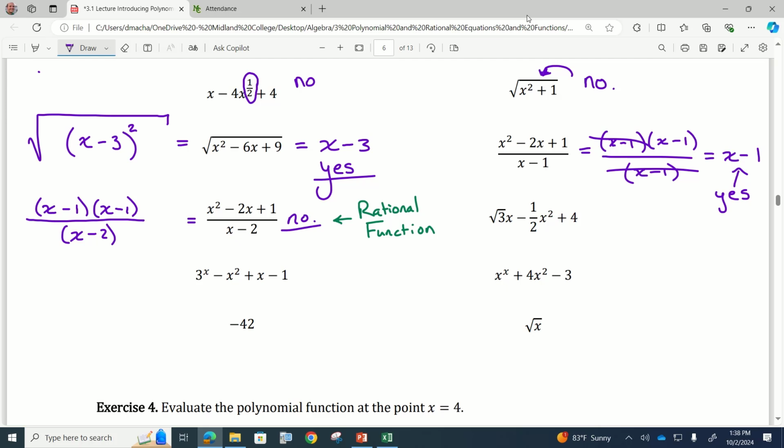Okay, what about this one over here on the right side? Is that a polynomial? Why not? So this one is a polynomial, because I still just have x raised to natural number powers.